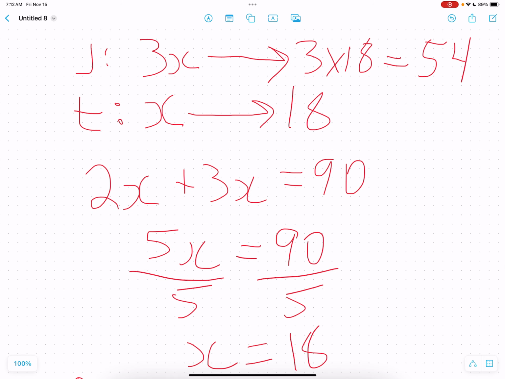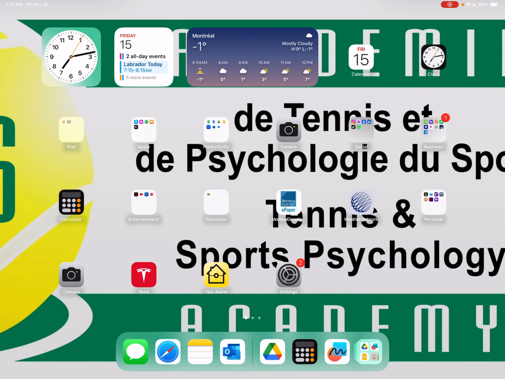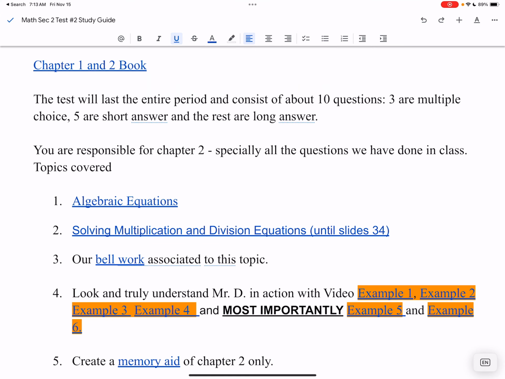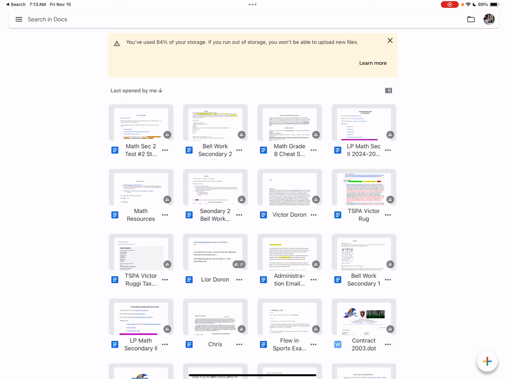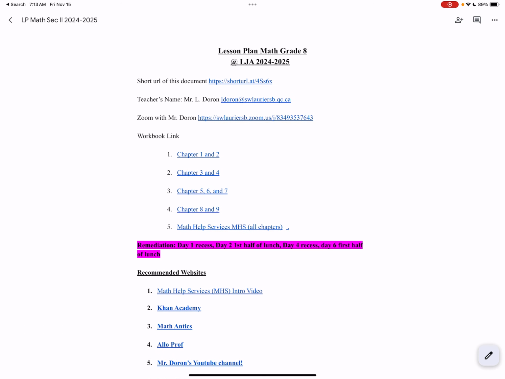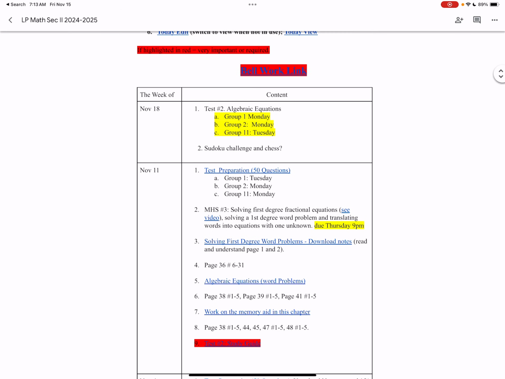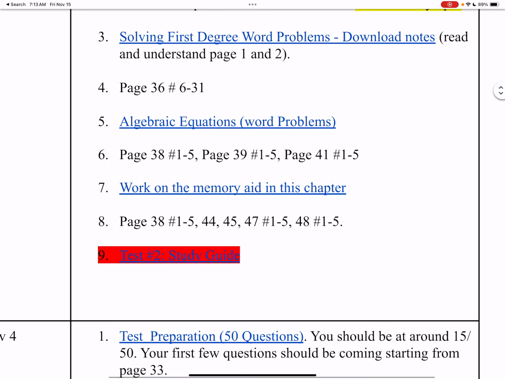I gotta move on because I want to do something else with you. Let's take a look. I'm going to go back into my lesson plan and take a look at what other pages I was asked to do, or I should say you were asked to do.